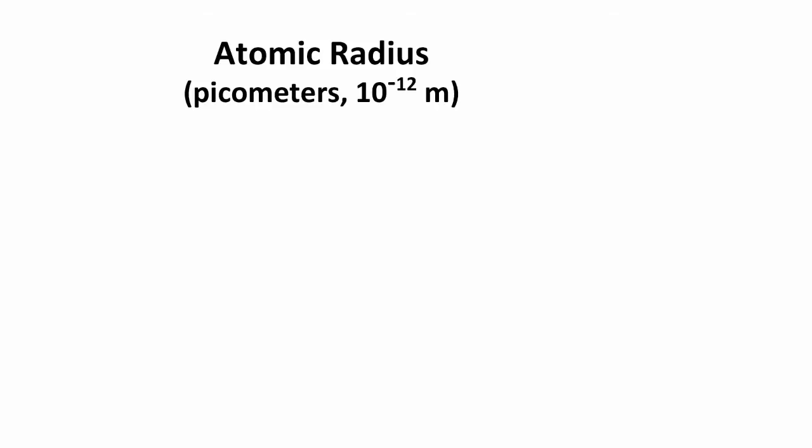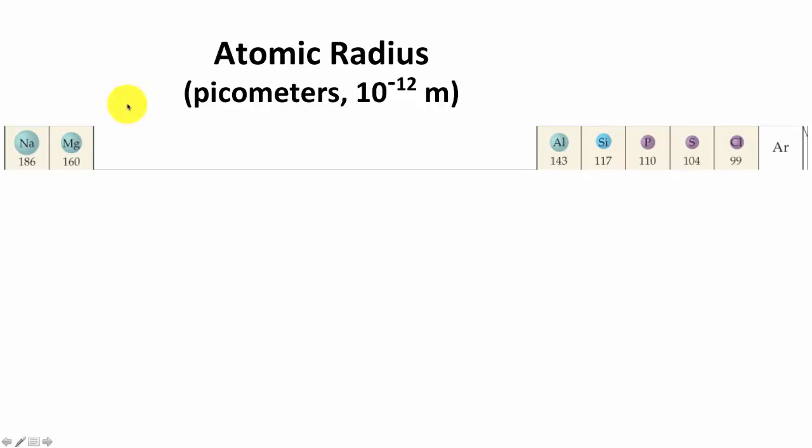Now, this argument can be continued for the next elements in this row of the periodic table. Sodium, then magnesium, a little smaller, aluminum, 1 more proton, so even higher effective nuclear charge, then silicon, phosphorus, etc., gradually having larger and larger effective nuclear charge, roughly the same amount of shielding, and therefore getting smaller and smaller atomic radii.